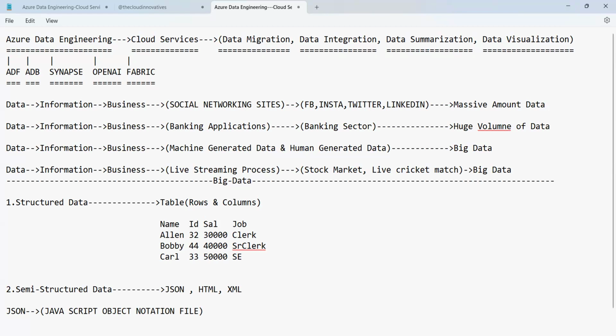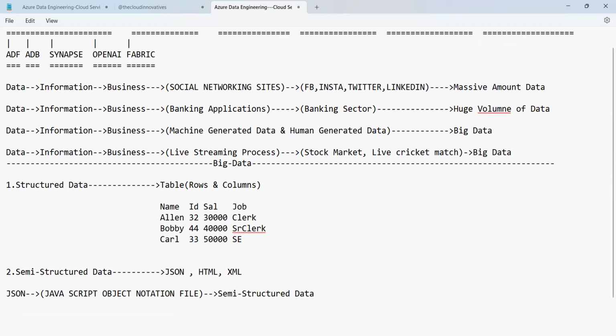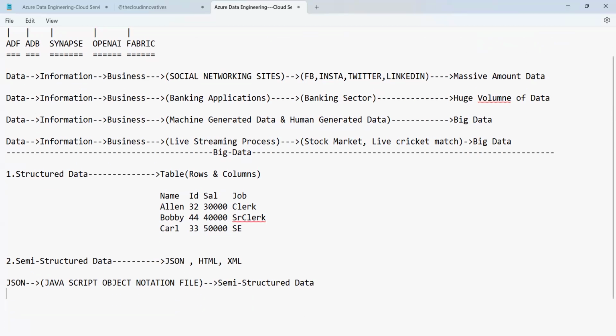So when we talk about the JavaScript Object Notation file, this is called semi-structured data.